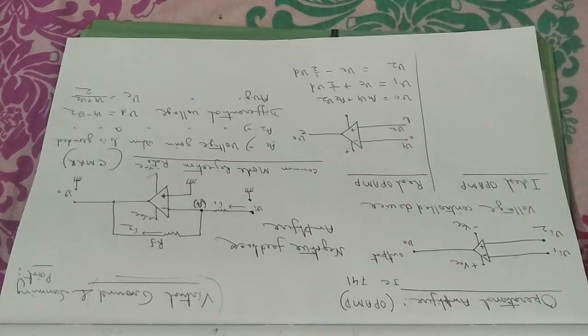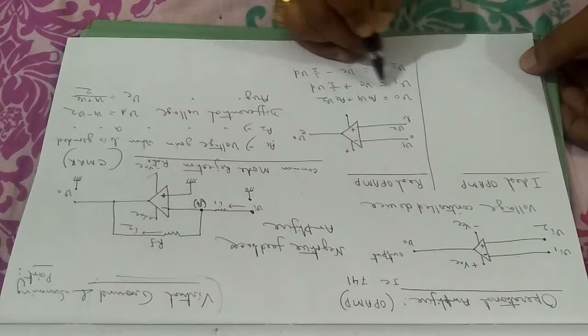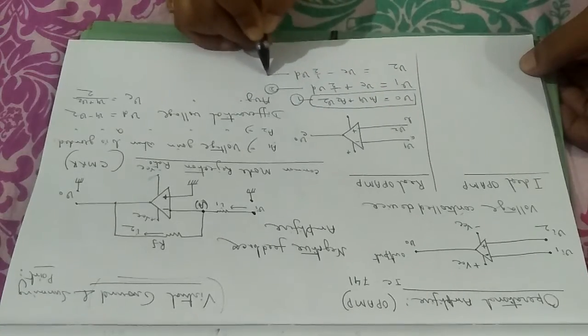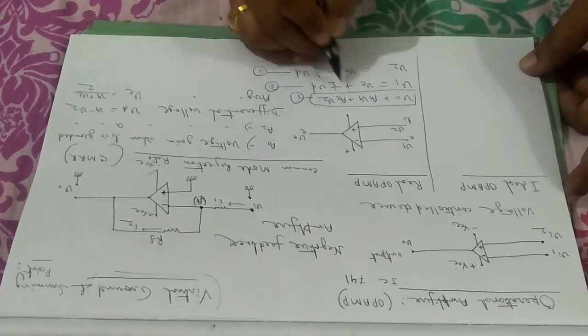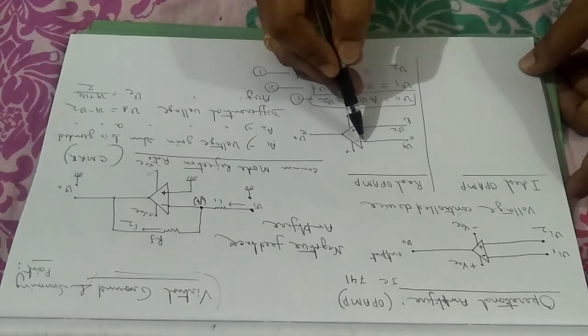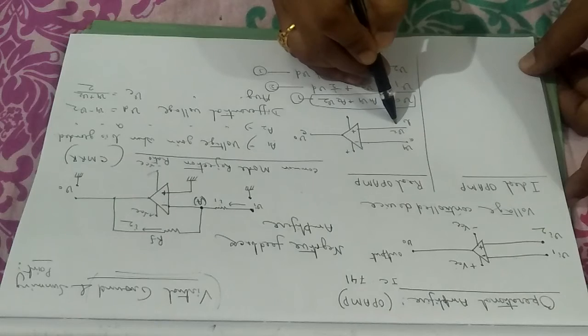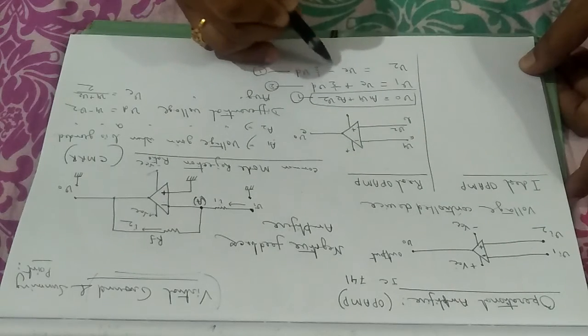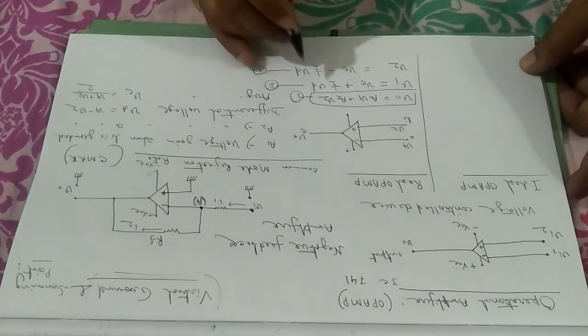Suppose this is equation 1, this is equation 2, and this is equation 3. This plus minus sign will differ if you change the value of V1 and V2 in the input terminals. If you are using V1 here and V2 here, the plus minus sign will be interchanged.